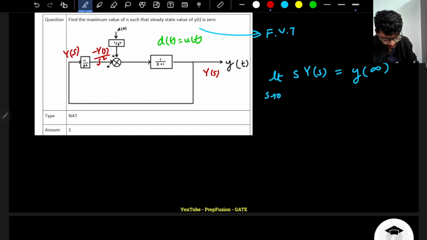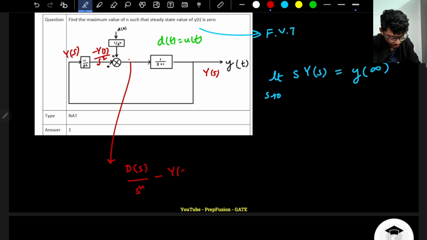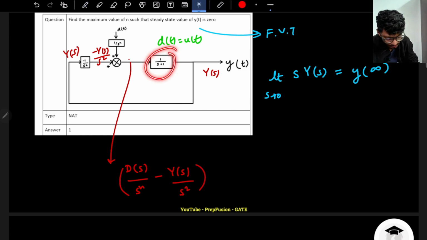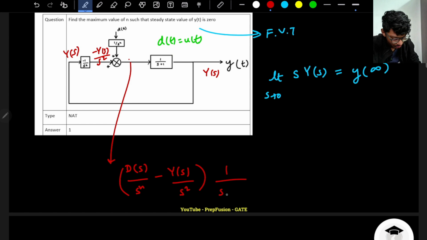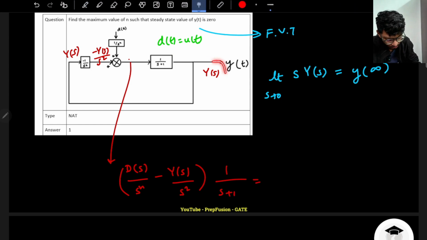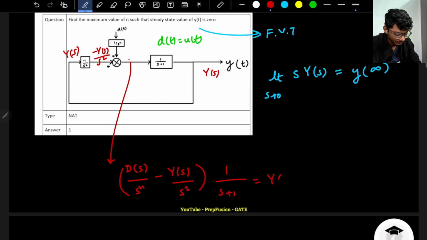Now these two are getting added, so at this point what will be the value? The value will be d of s divided by s raised to power n minus y of s divided by s square, and then it is getting multiplied with this, that is 1 by s plus 1. This is equal to y of s itself.